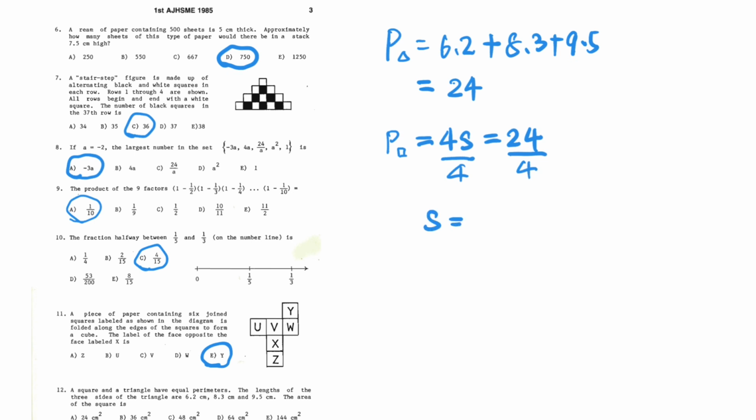So x equals 24 divided by 4, equals 6. Now the area of the square is side length times side length, that's side length squared. So side length is 6. 6 squared is 36. That's choice B.